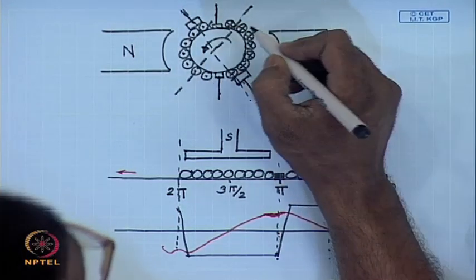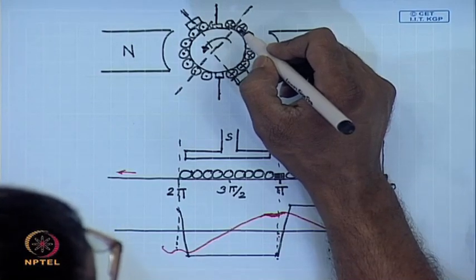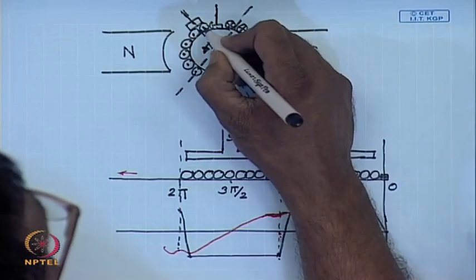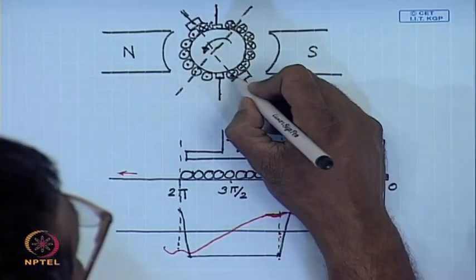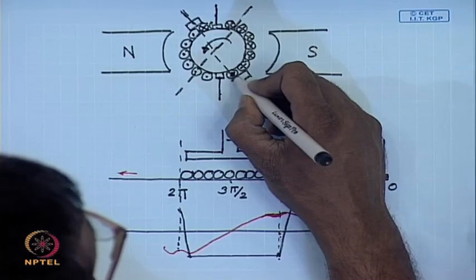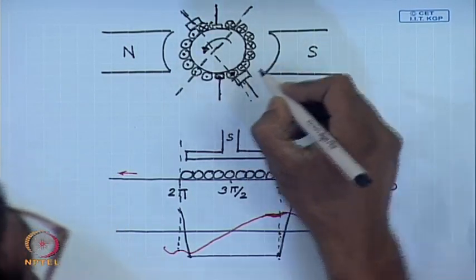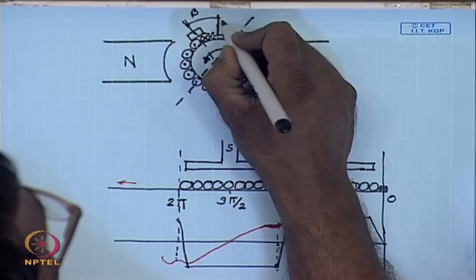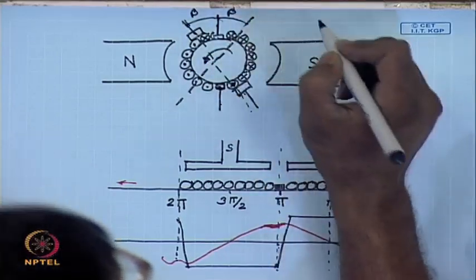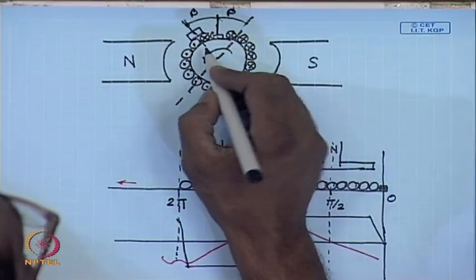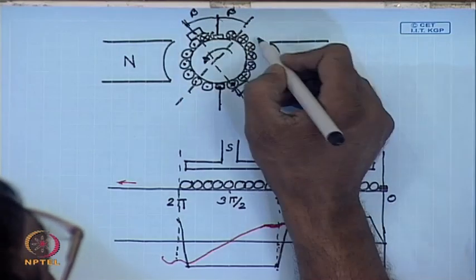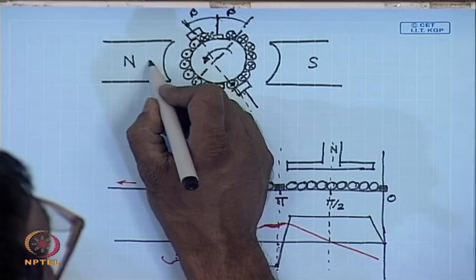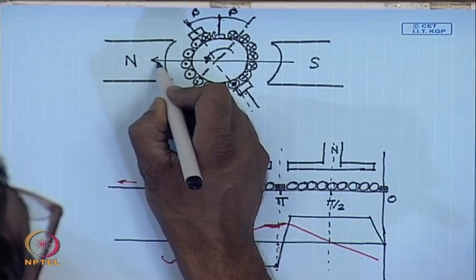creates a demagnetizing MMF along the direct axis, that is the pole axis, because once you have shifted the brushes, the polarity of the currents will change, and if you have given a brush lead of beta, then the conductors between the angle 2 beta will produce a demagnetizing flux, which will tend to reduce the main flux.